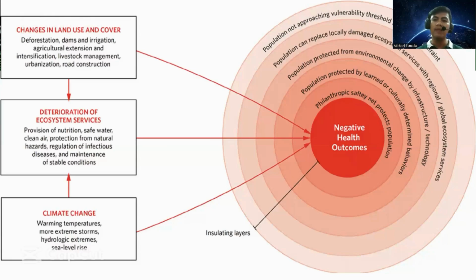Next is the population or organizations replacing or trying to replenish the damaged ecosystem. And lastly, the vulnerability threshold. So what we do is limit our population so that we would not exceed the threshold of resources that the environment can provide.